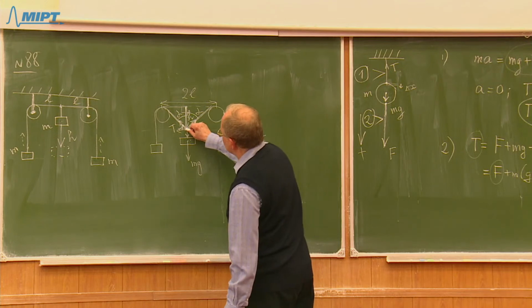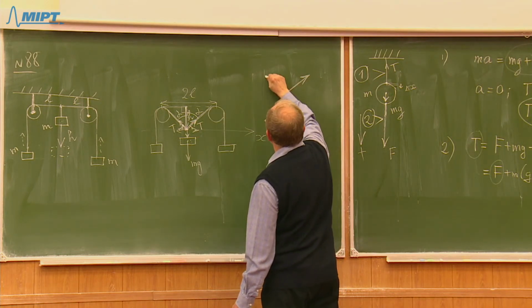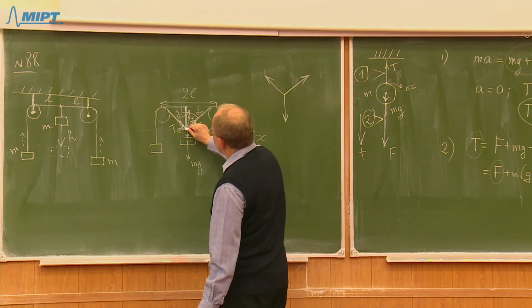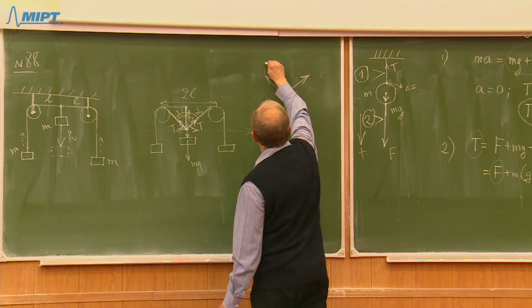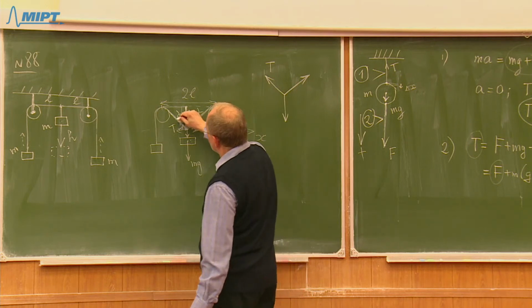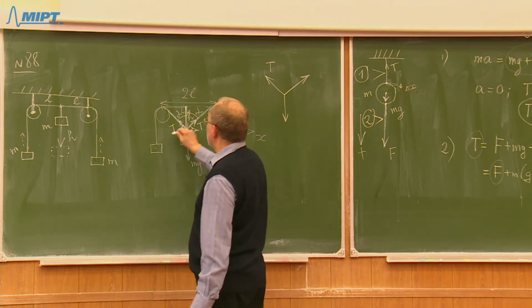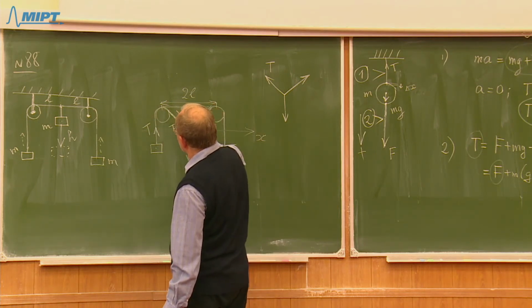So the forces applied to this point may be shown separately. If the force of tension in the left string is T, and this point is at rest, and this weight is also at rest, then the same force of tension will be in this string.